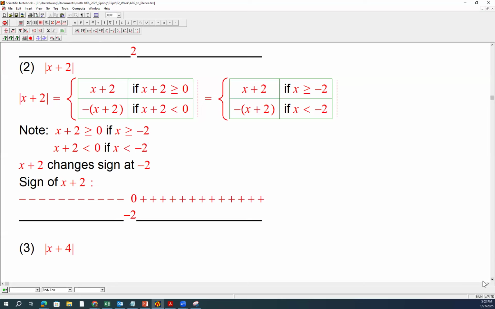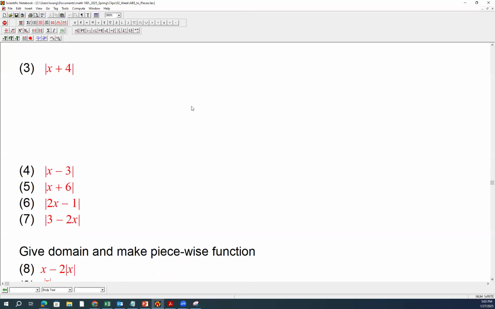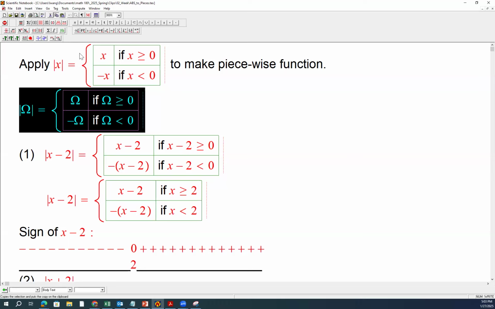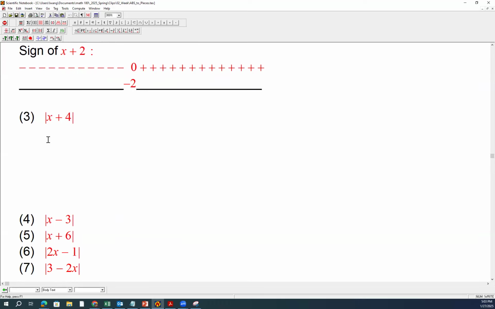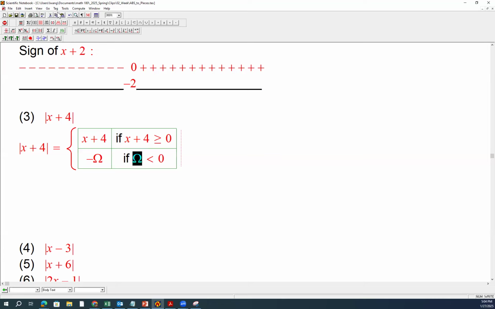To represent these piecewise functions, and these piecewise functions will be useful for us. One more time, I'm going to continue to take this piece and apply it to x plus 4. So this time, x plus 4 is omega. So omega is replaced by x plus 4.